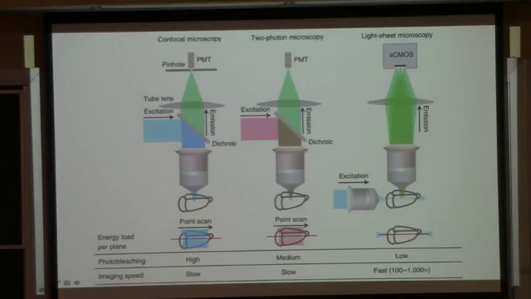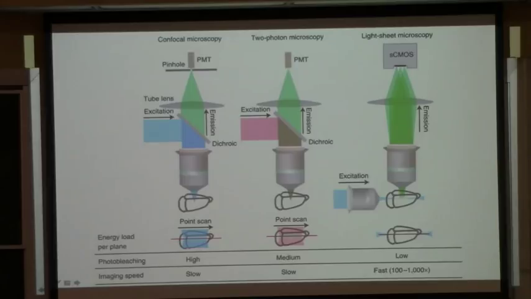As you can see, confocal uses a pinhole to focus, and only one photon to excite your tissue samples. 2-photon uses 2 photons. Light sheet uses a thin slice of light to excite not just one point, but the whole slice of the tissue sample.